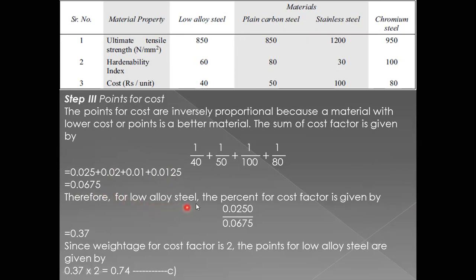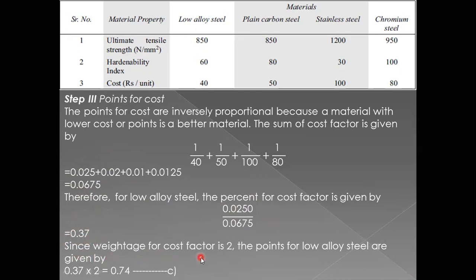Therefore, for low alloy steel, the percent for cost factor is given by 0.0250 upon 0.0675, where 0.0250 is points for cost for low alloy steel and 0.0675 is sum of cost factor, which is equal to 0.37.